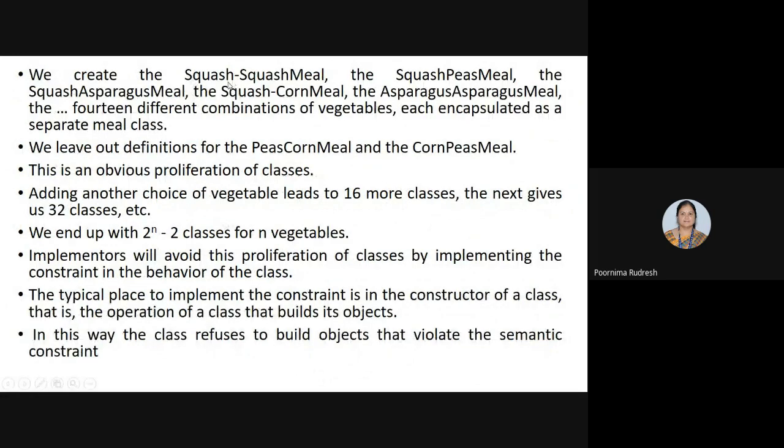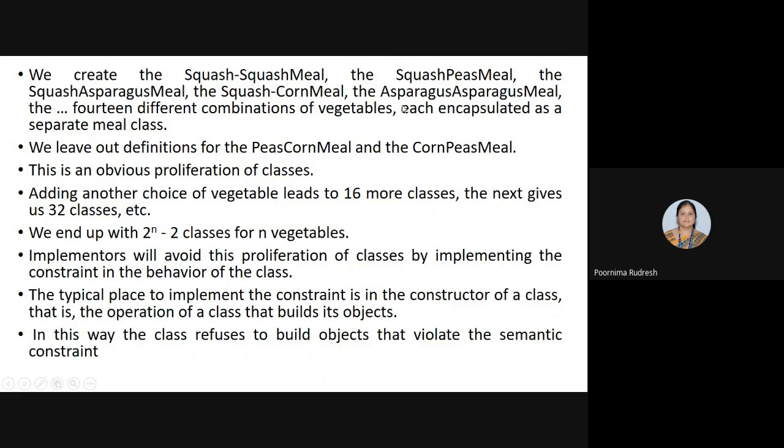So we can have the squash meal or the squash peas meal, the squash asparagus or the squash corn. Similarly, here first we are considering the vegetable as squash, and along with the squash we can have different combinations like squash, peas, asparagus and corn.